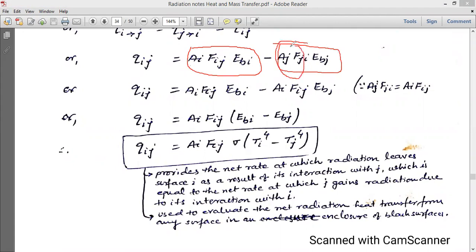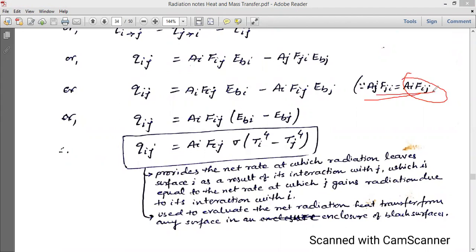From the reciprocity theorem, Aj Fji must be equal to Ai Fij. So by the use of the reciprocity theorem, we can replace Aj Fji by Ai Fij, and taking the common factor out of these two terms, we get Ai Fij (Ebi minus Ebj).